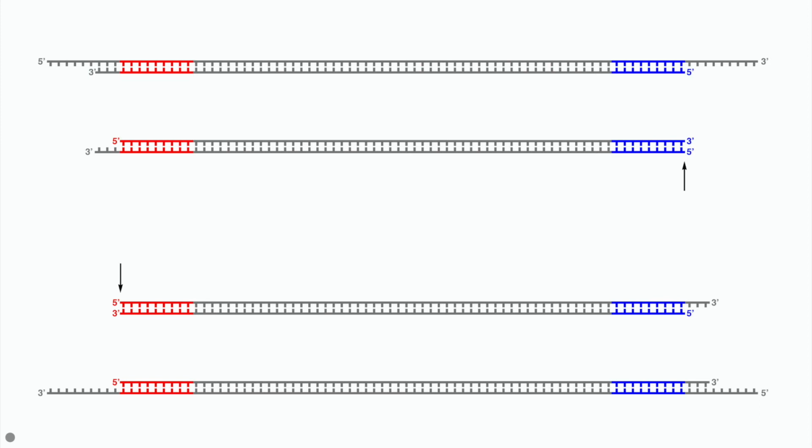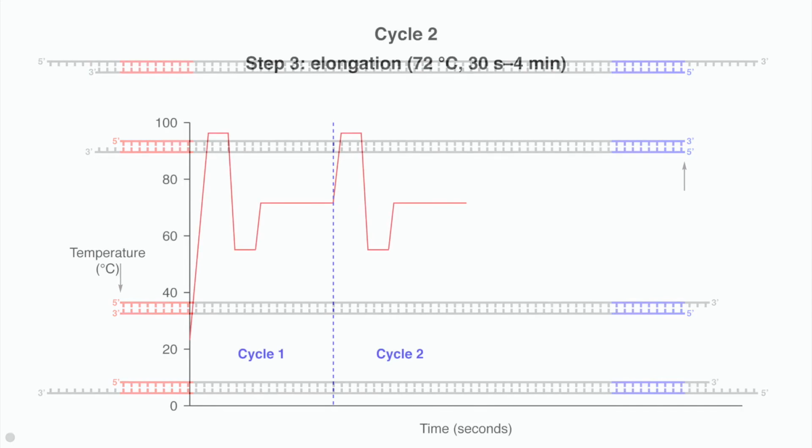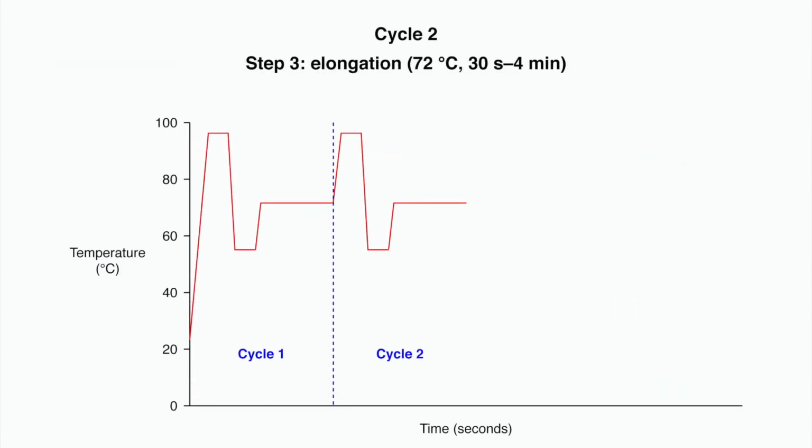Note that at the end of the second cycle, DNA molecules have now been produced that have blunt ends on one side. The cycle is now repeated for a third time.